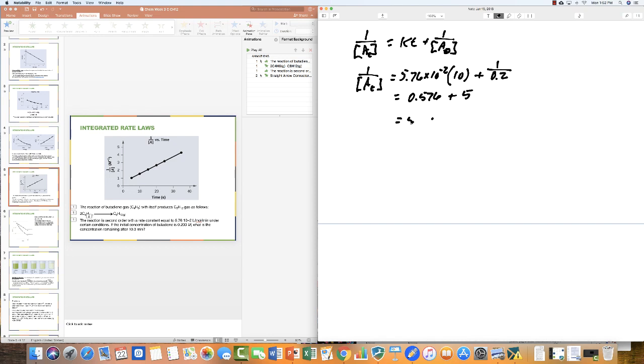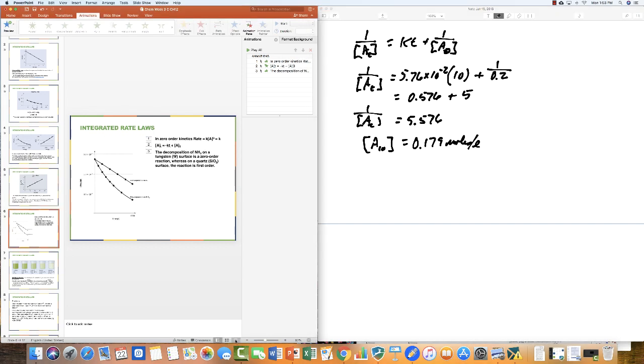So this equals 5.576. That's 1 over the concentration at time t, which is 10 minutes. So the concentration of A at 10 minutes is 1 over that. If you do that math, you get 0.179 moles per liter. So that's the concentration at the time given.